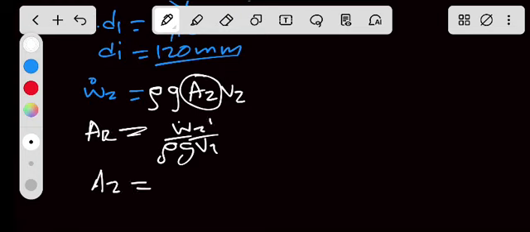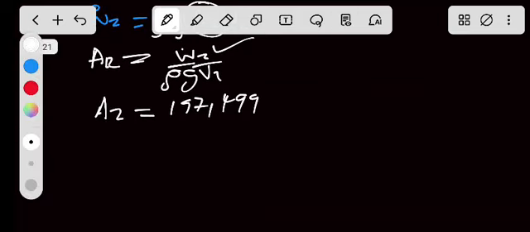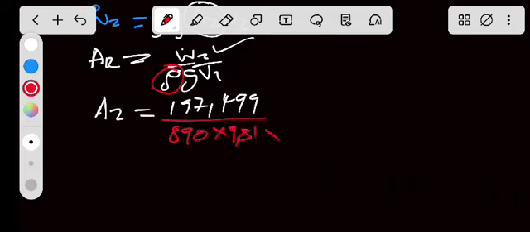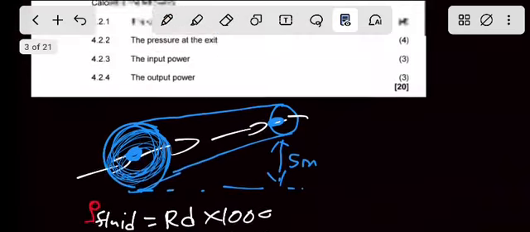Since it's the same, we will simply have 197,499. Nothing has changed. Here we divide this by the density of this substance, which is 890, times gravity 9,81, times the velocity. What was the velocity at the exit part?